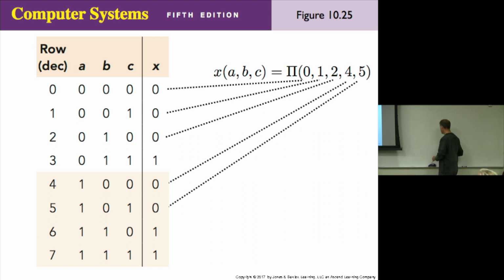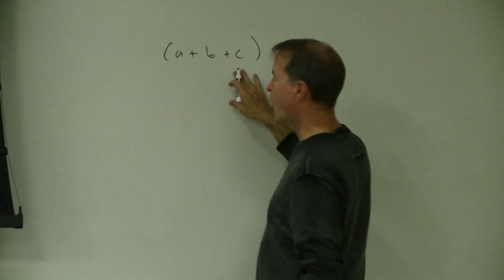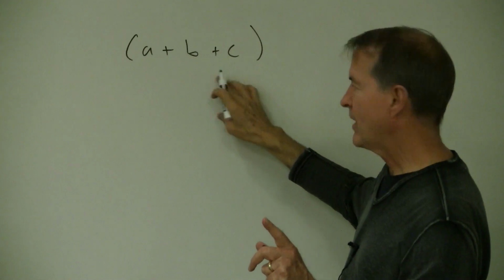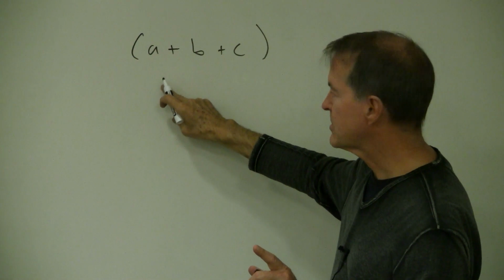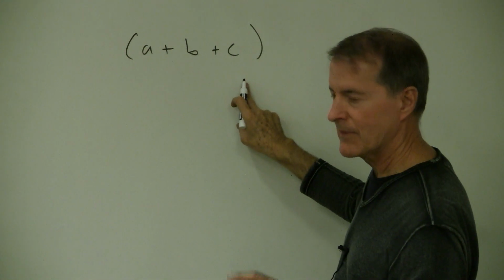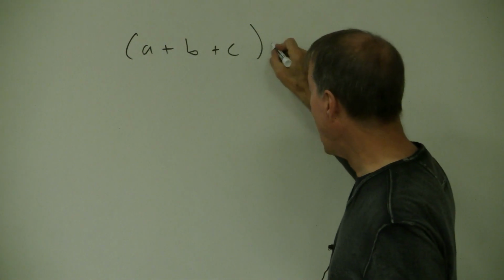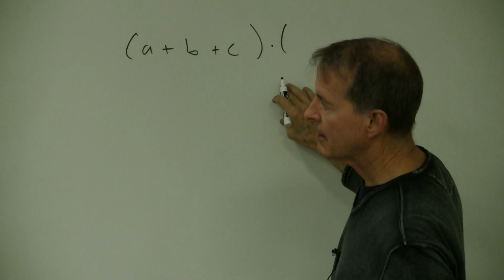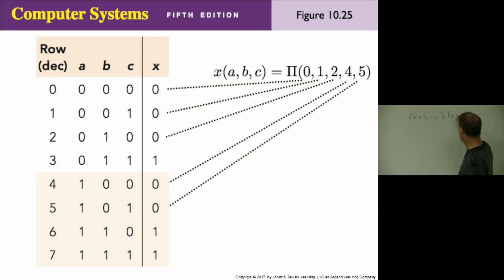It would be A or B or C, because this is only 0 when this is 0 and this is 0 and this is 0. So it's A or B or C, and A or B or C prime, and so on.